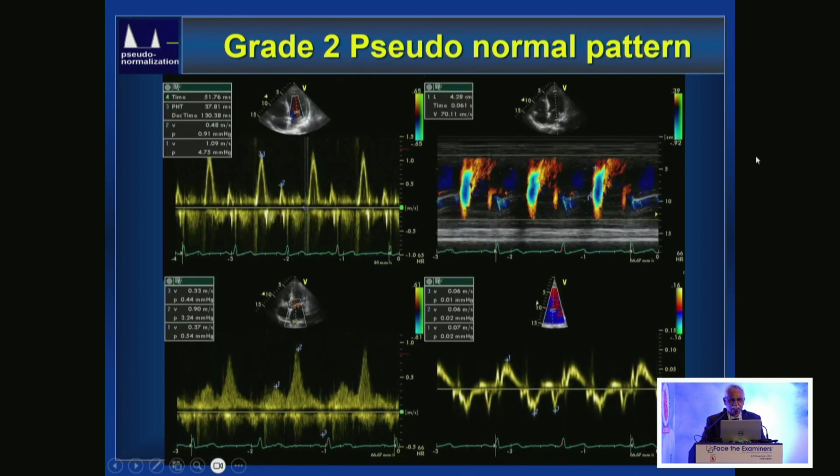The second one is the pseudo-normal pattern, where the E and A waves look like a normal one, but if you look at the tissue Doppler, the E velocity is decreased below 7 centimeters per second, and the pulmonary vein shows a smaller S wave and a taller D wave. So this qualifies for the pseudo-normal pattern.